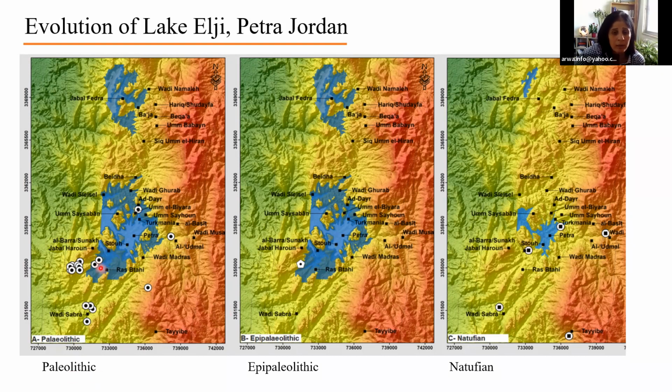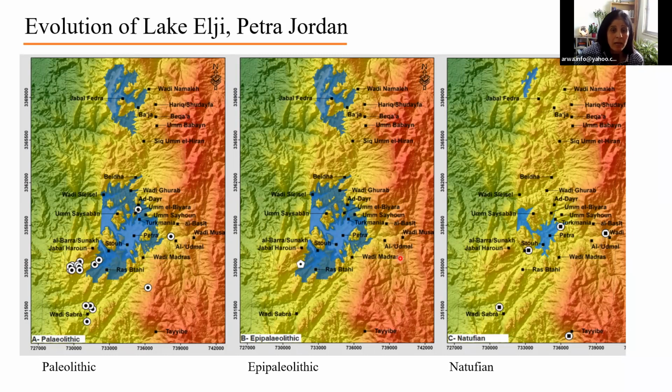During the Pleistocene, at least 65,000 years ago, the Lake Algae was an open wide lake which extends from the north at Wadi Namila down to the south at the Ras Ftahi, about 50 kilometers, and the shorelines were about 1,060 meters above the sea level.